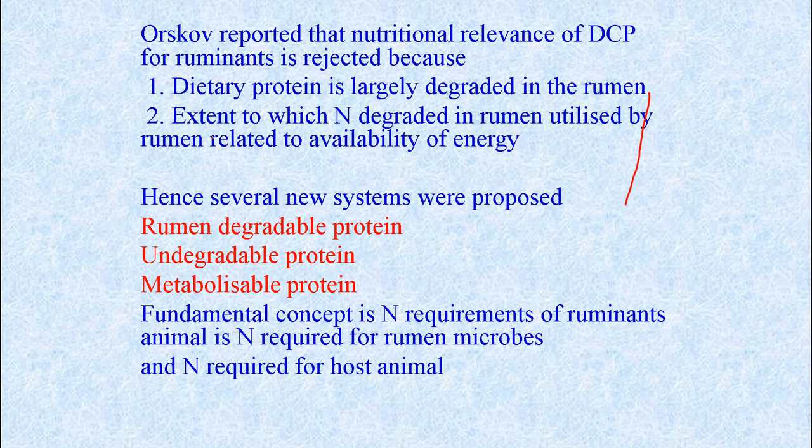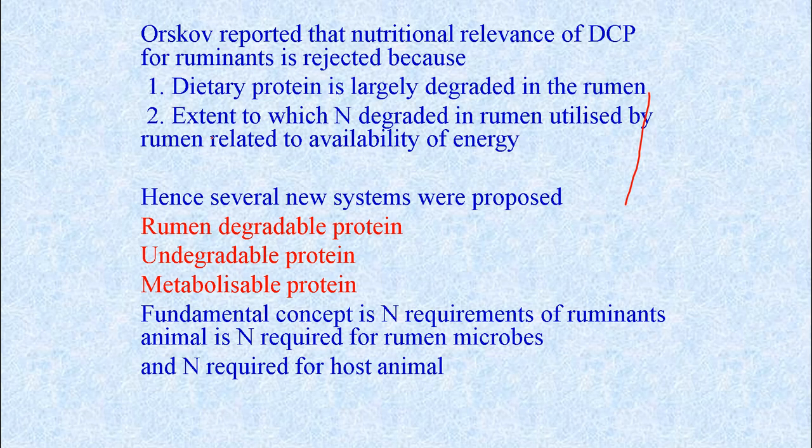Number one, we have already known that some proteins are digested in the rumen, and they are called rumen degradable protein, whereas some bypass the rumen and go to the abomasum, and these are called bypass or rumen undegradable protein. And the metabolizable proteins are also there.